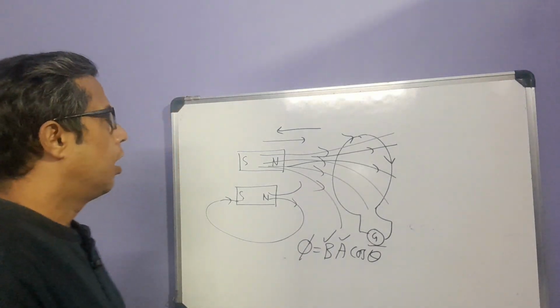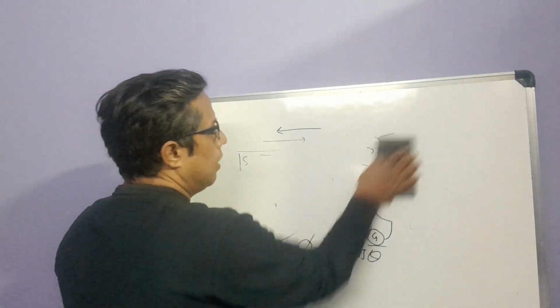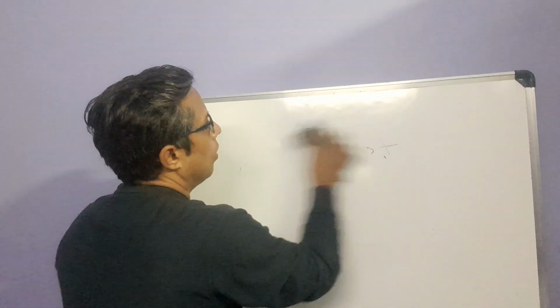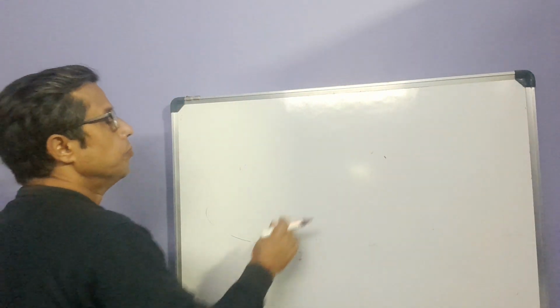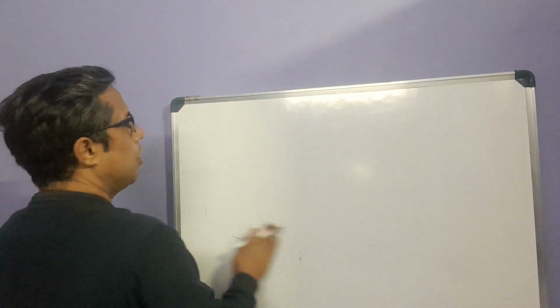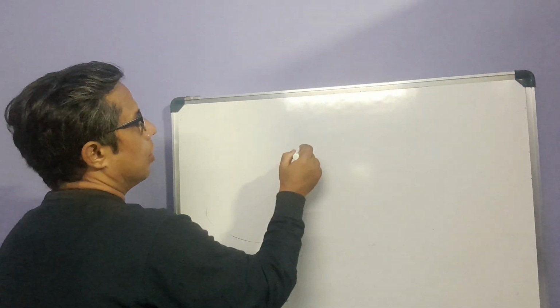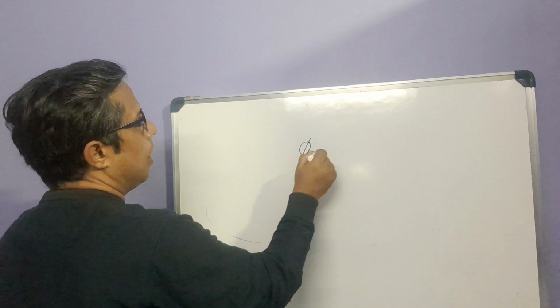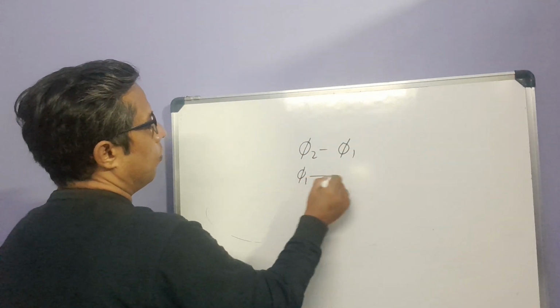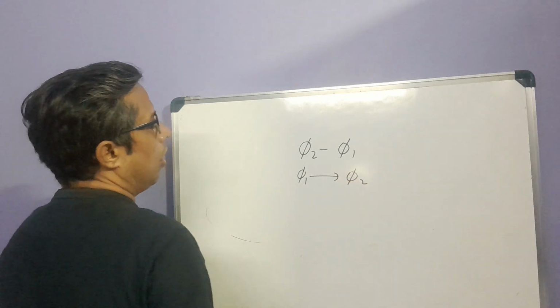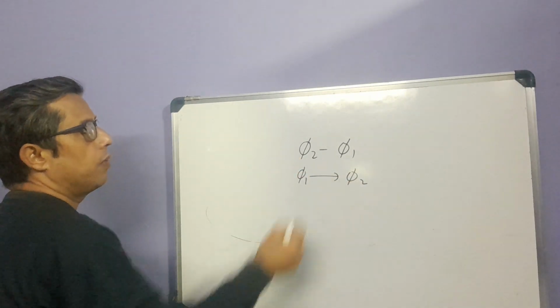Now, this is about Faraday's law of electromagnetic induction. Say there is a change in flux from phi 1 to phi 2. So the change in flux will be phi 2 minus phi 1.